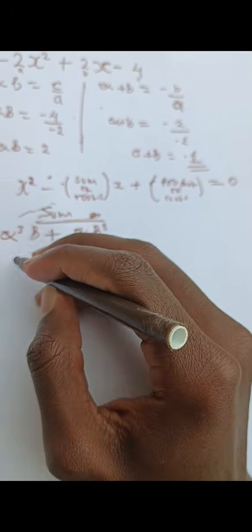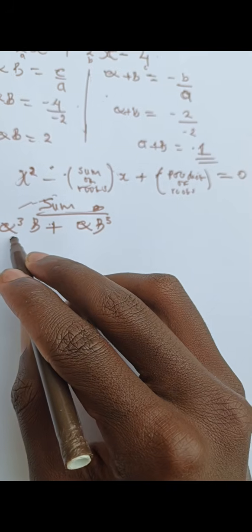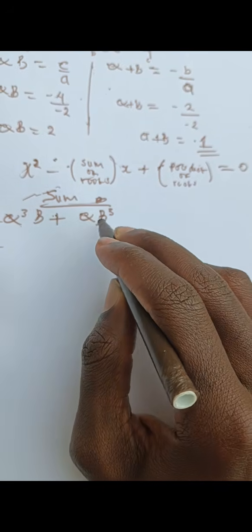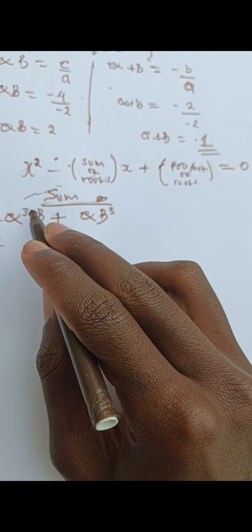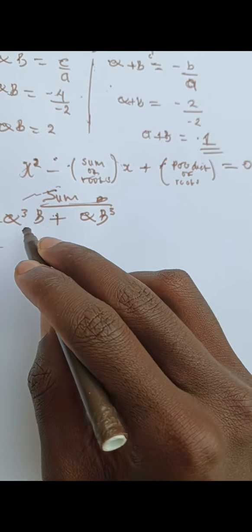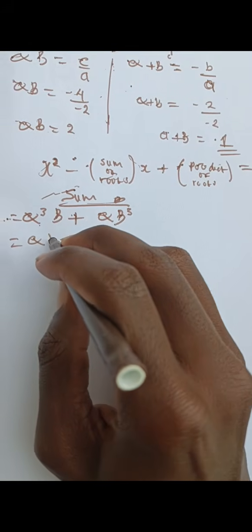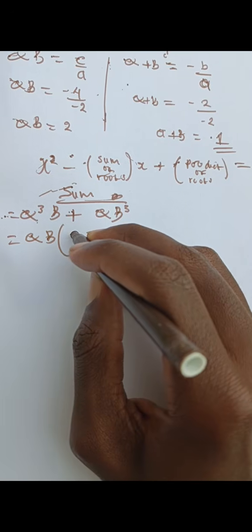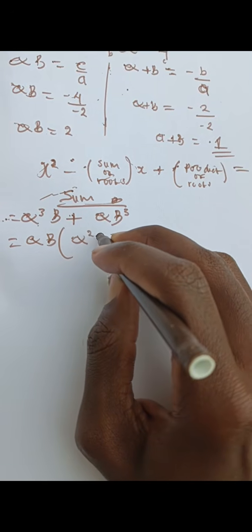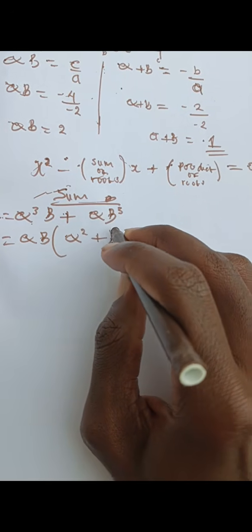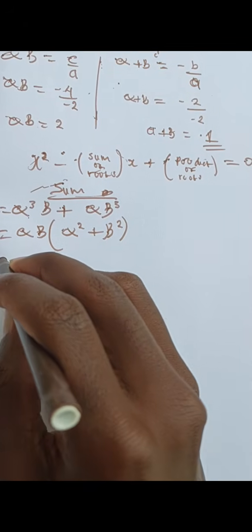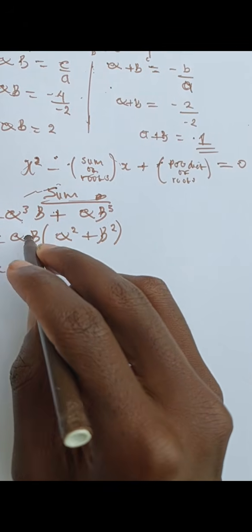Okay, so the way that we're going to simplify this one is we're going to see we have this and this, right? Which one is common? Like, which ones are those which are common? We factor them out. So alpha and beta, right? So we factor them out and remain with alpha power 2 plus beta power 2, right?